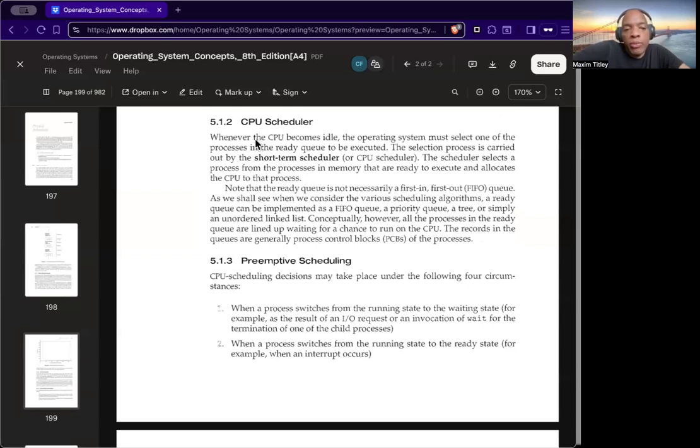5.1.2, CPU scheduling. This part is important. We talked about preemptive and cooperative multitasking, right? And a lot of the things that take place in the execution environment that we speak of in operating systems in this book and in this particular context, we usually talk about preemptive behaviors where the CPU doesn't necessarily give up its own control willingly, it's taken away.